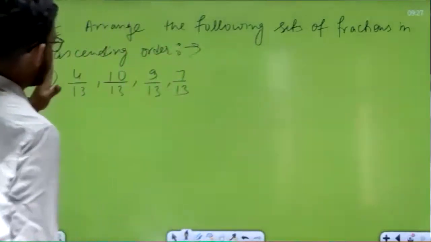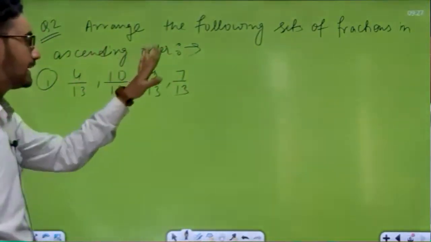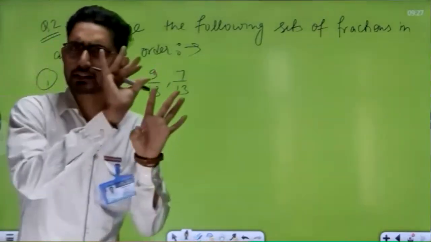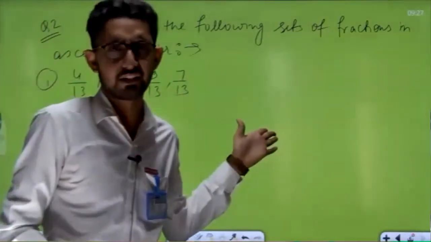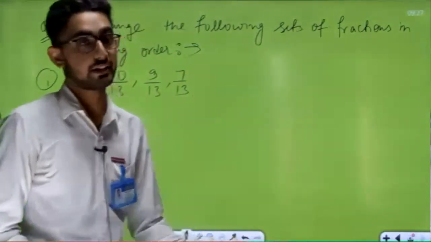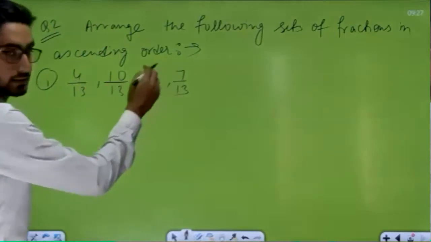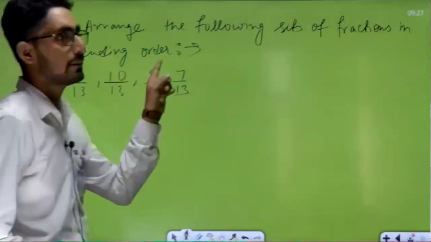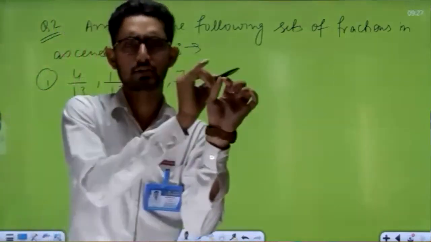So 4 upon 13, 10 upon 13, 9 upon 13, 7 upon 13. First of all, what do we have to check? We have to check the denominators. They are like fractions. When they are like fractions, then we will check the numerators. Ascending order means smallest to biggest.